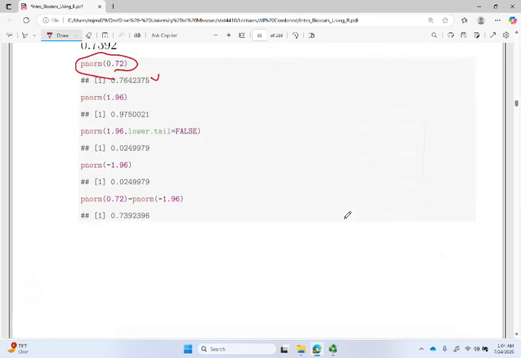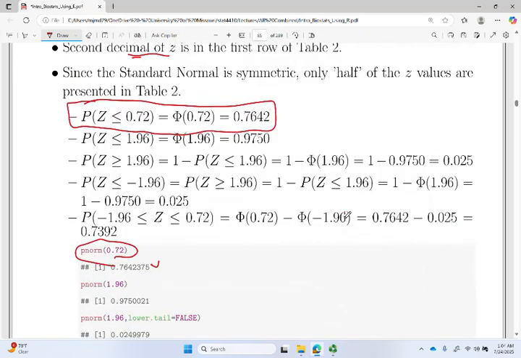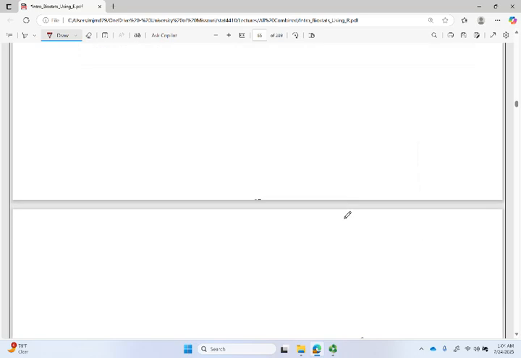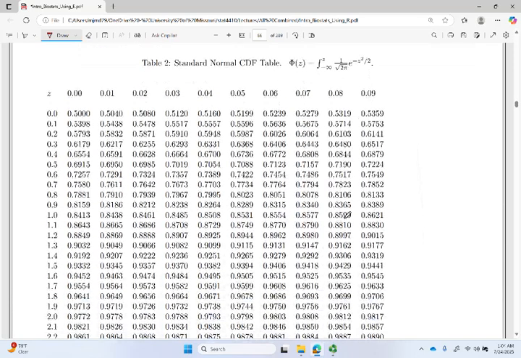But to use the table, what's the number again? 0.72. Notice it's the CDF of a standard normal. So 0.7 and 0.2. So you go down. That's the cumulative probability, the probability of being less than or equal to 0.72.